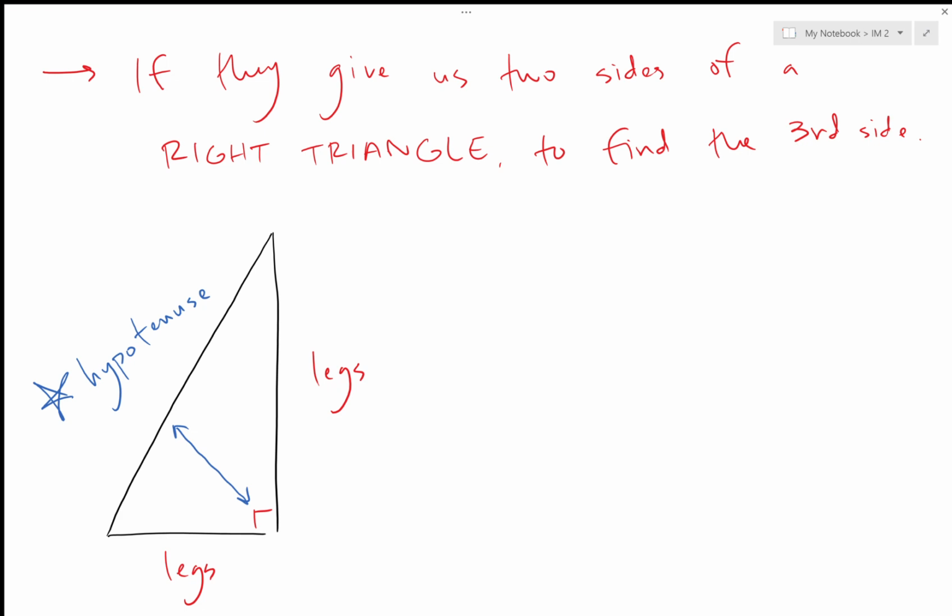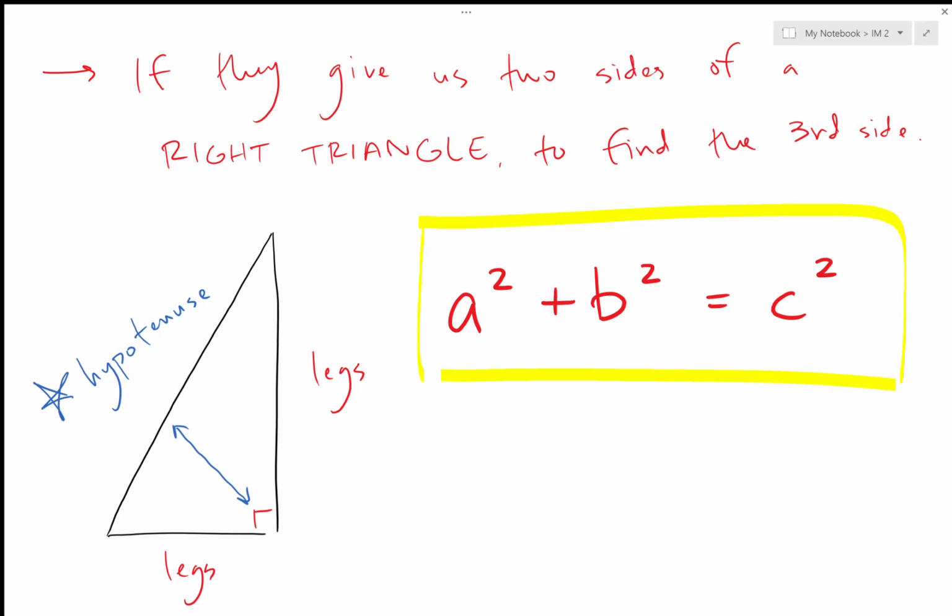So, in the case of the actual Pythagorean theorem, or the rule that we're going to use today, the rule itself is a squared plus b squared equals c squared. I'll make a note of that. And if we match it up, both a and b, these are the legs.